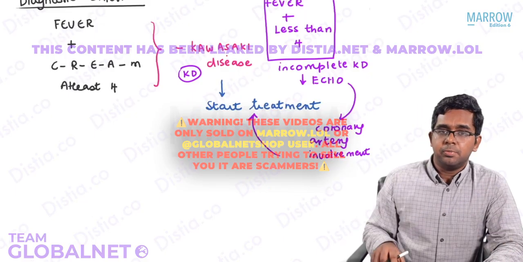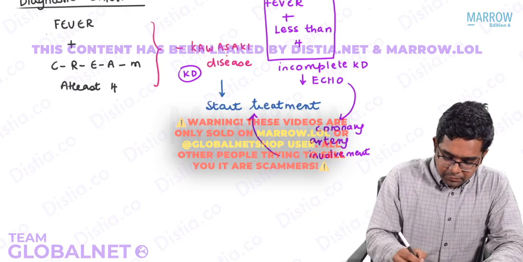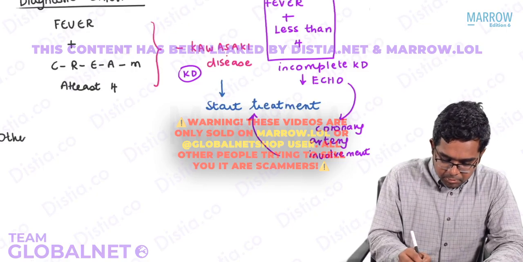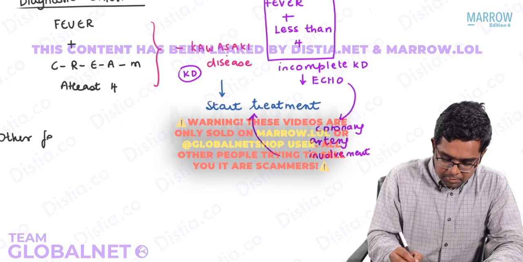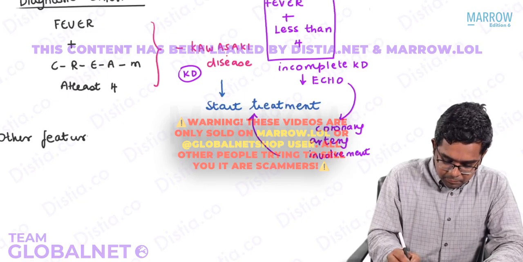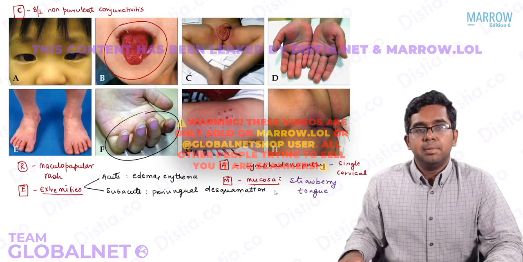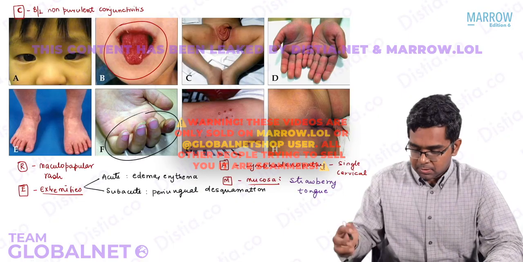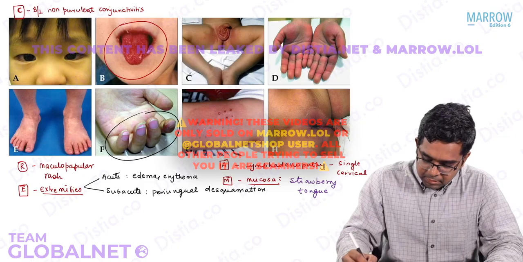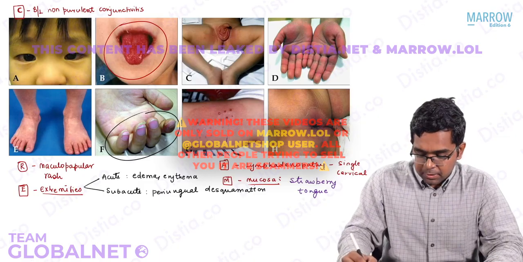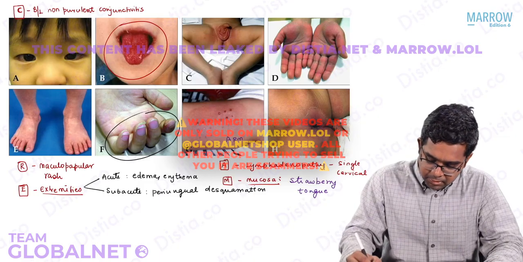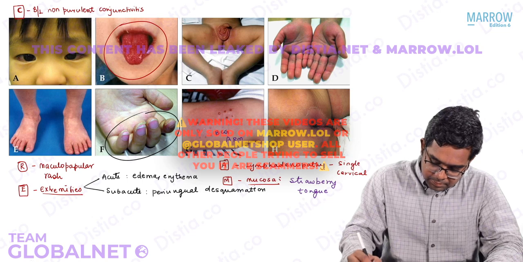I would also want you to be aware of some other features other than those included in the fever and the CREAM mnemonic. Some features can be noted in children with Kawasaki disease. What are they? Please concentrate on the last 2 pictures. Let's imagine that this is the arm of the child and this was the region of BCG.